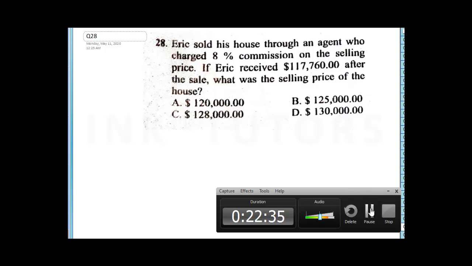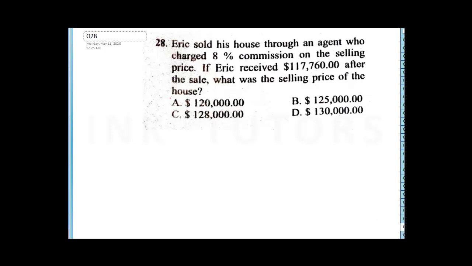So okay, now the price at which Eric sold the house was X. Eric was charged 8% of the price, which was 8/100 of X, and he now got this final value of 117,760. So if you can solve this equation, you can get your X.